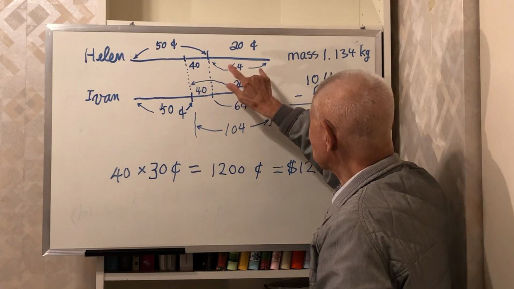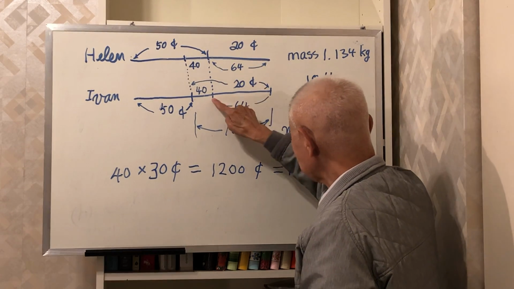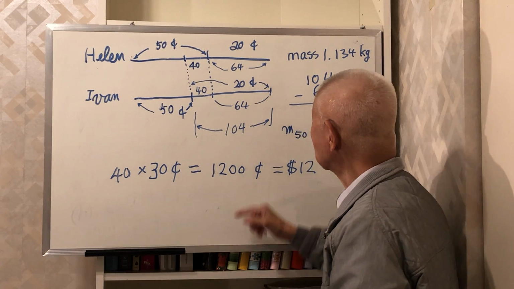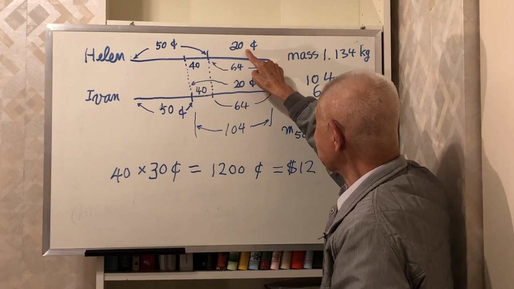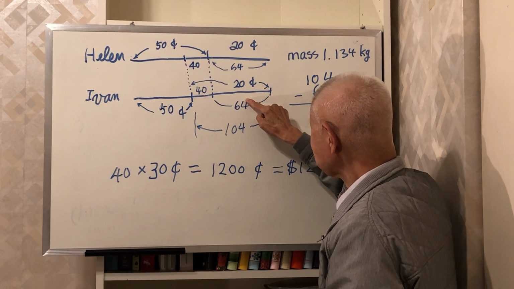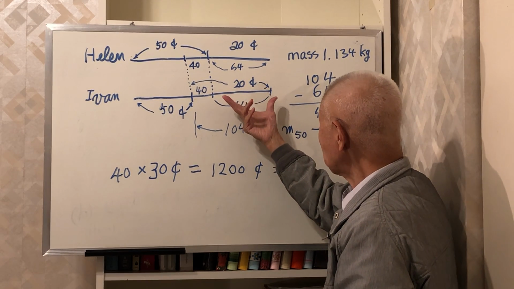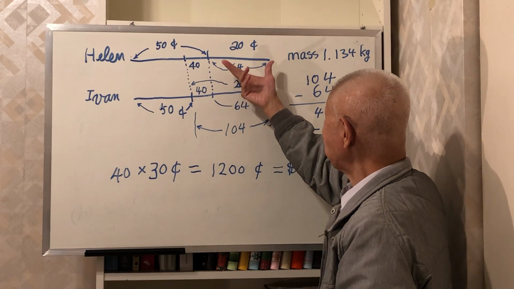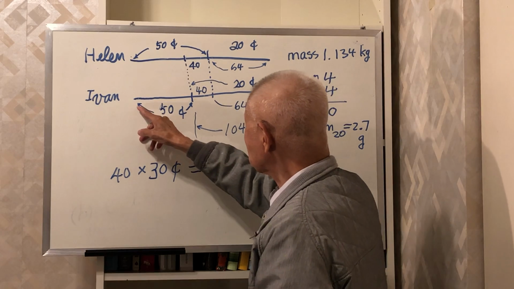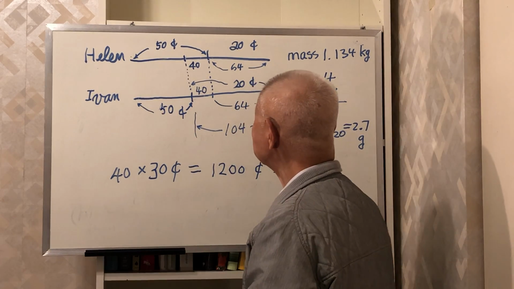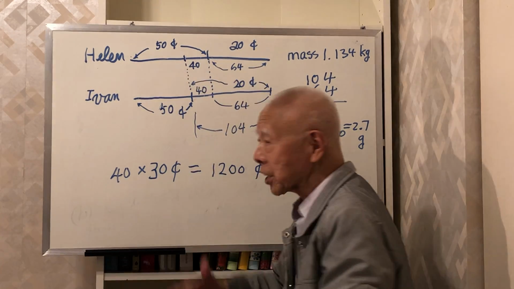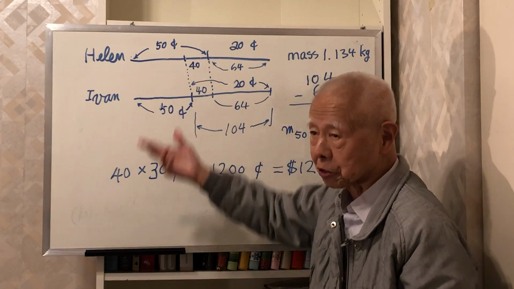Now, since this part and this part are exactly the same, 64 20-cent coins, of course the mass here is the same as here. 50-cent coins from here to here. So the two masses are the same.